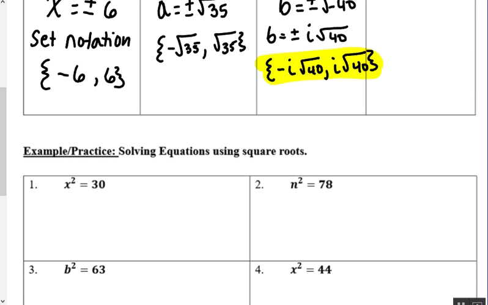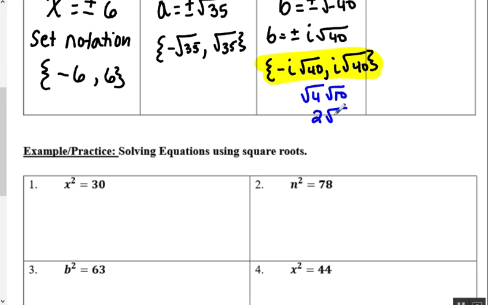So let me write the simplified version in blue. So here we have, if you look at the square root of 40, how am I going to write this? It is the same as square root of 4 times square root of 10, correct? And then what is the square root of 4? 2.